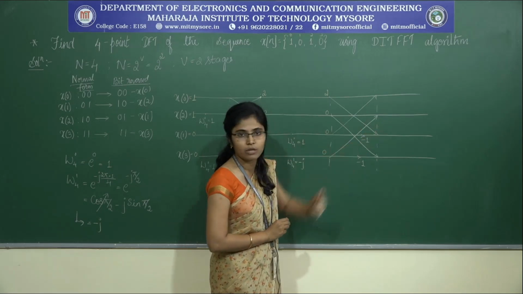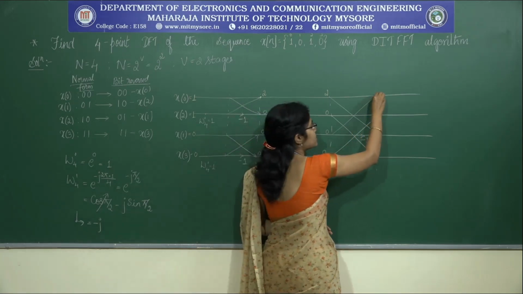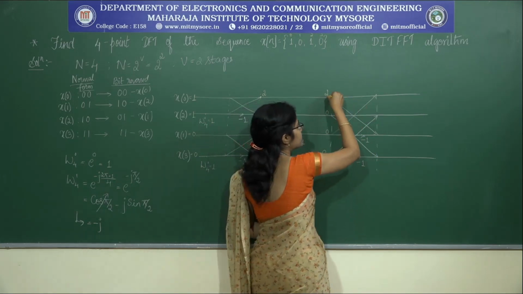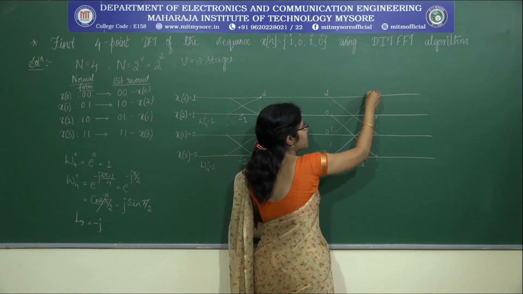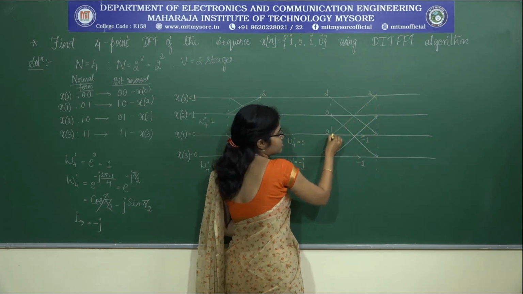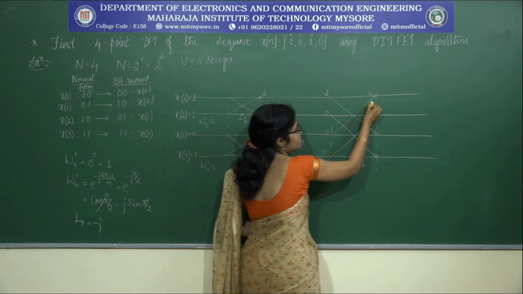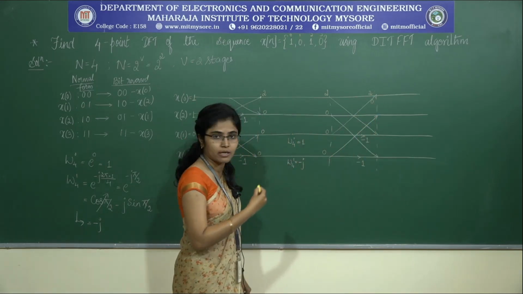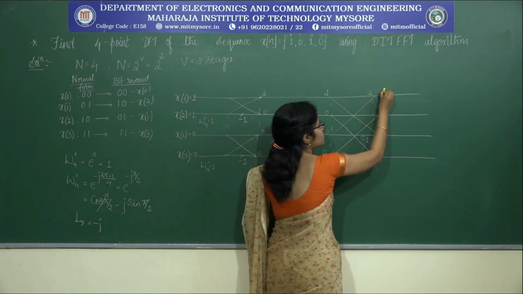Now I need to find out the output. Okay. Now let us stand at this particular point. If I stand at that point, the signal coming from this branch is 2 and the second branch which is coming here is this one. So the data from this point is 0. So at this point what I need to do? I need to add the data which we are getting. So 2 plus 0 is 2.